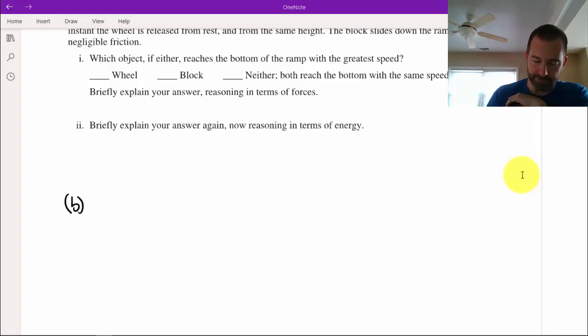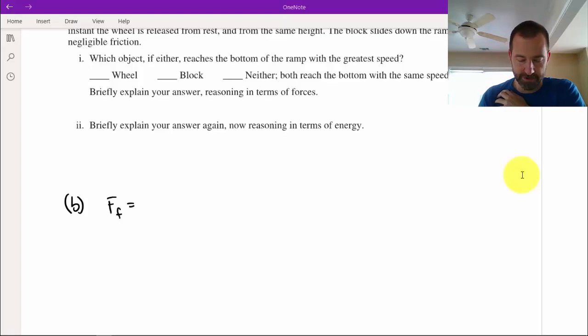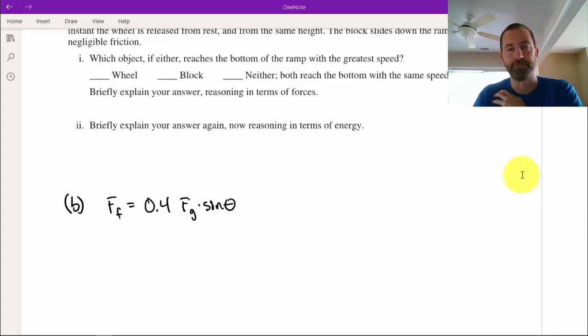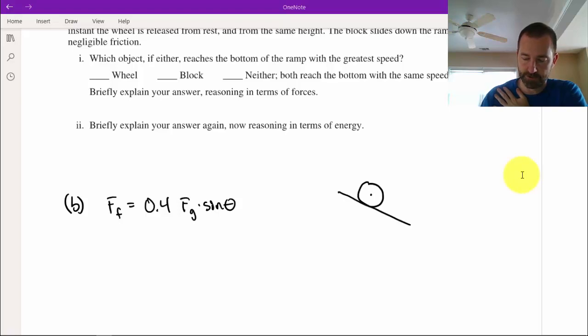And we've got the force of friction is going to be equal to 40%, which is 0.4 in our decimal system, of the force due to gravity times sine theta. Remember, the sine component is the sliding component, the cosine component is the crushing component. So we know the friction force is that. Now we need to set up a net force equation. Along the incline, I'll draw a smaller picture that's maybe a little bit clearer.